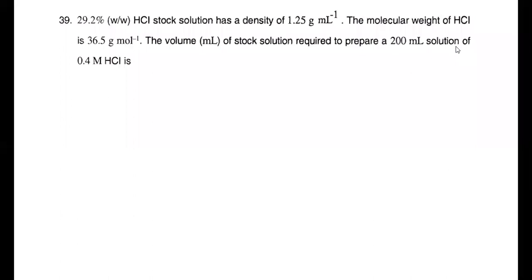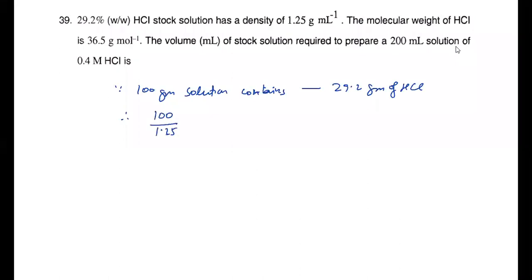So first what you have to do is, for the stock solution, calculate the molarity. So step 1 is you want the molarity of the stock solution. So we can write, since 100 gram solution contains 29.2 gram of HCl, 100 divided by 1.25 ml solution contains the same 29.2 by 36.5 mole HCl.